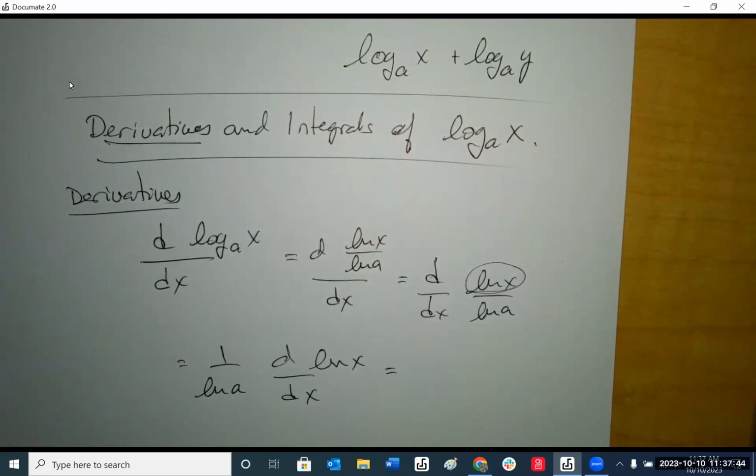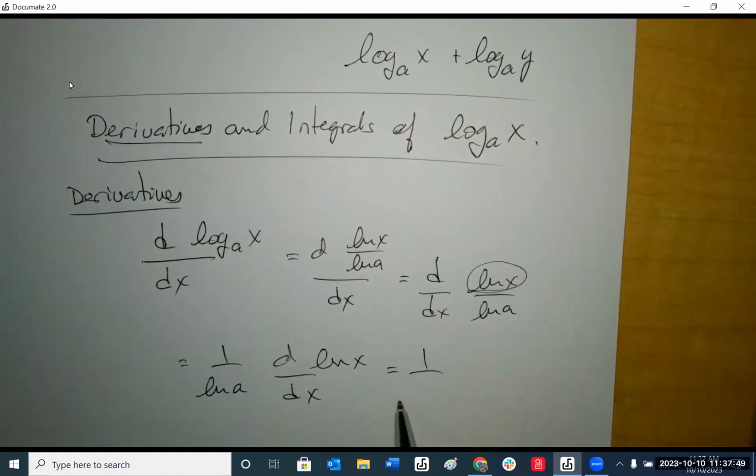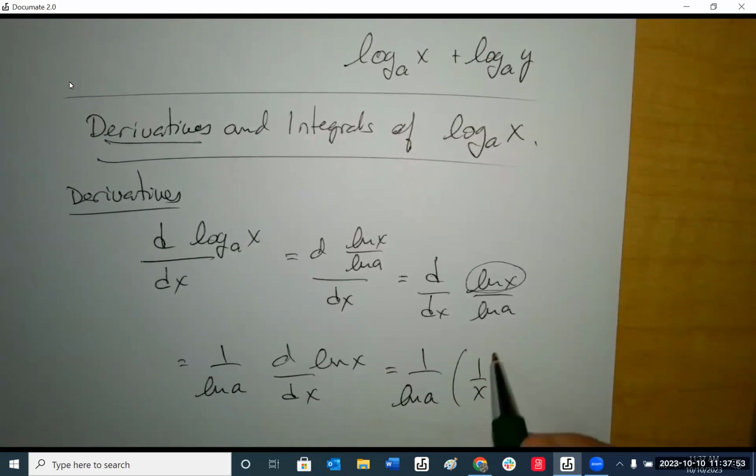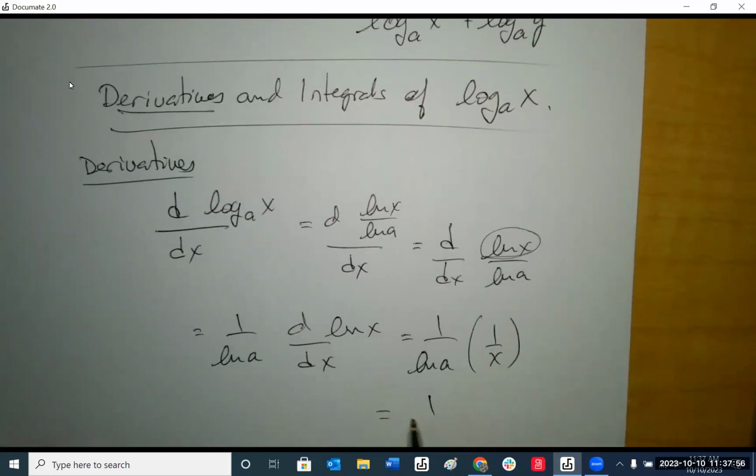So what does that become? So we have 1 over ln a times 1 over x. So the answer is 1 over x ln a.